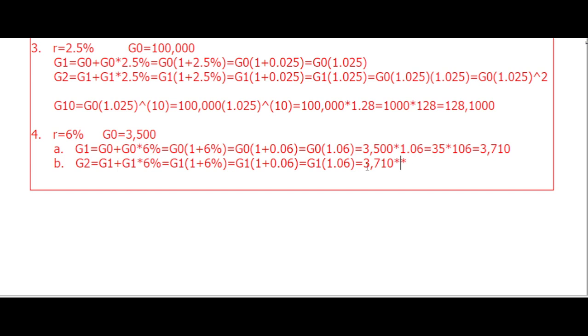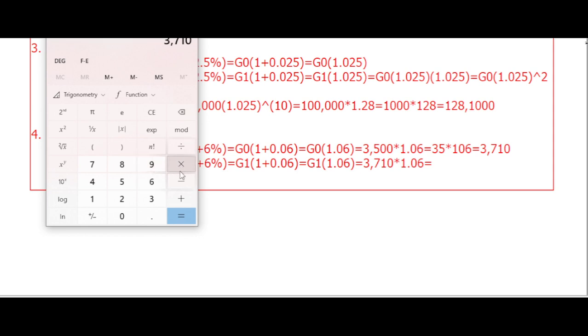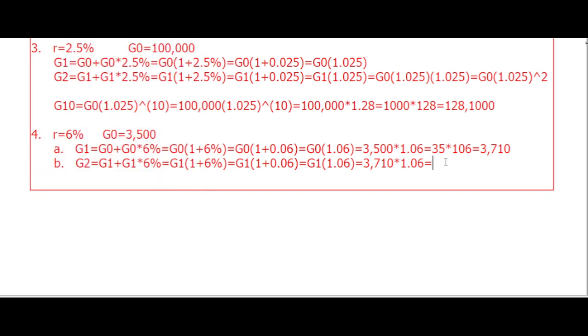3710 times 1.06. Let's multiply 3710 times 1.06, which is equal to 3932.6.